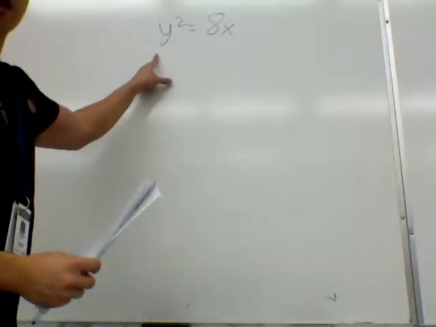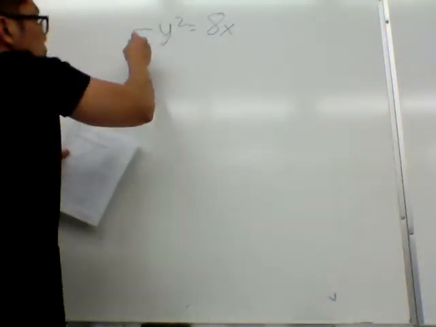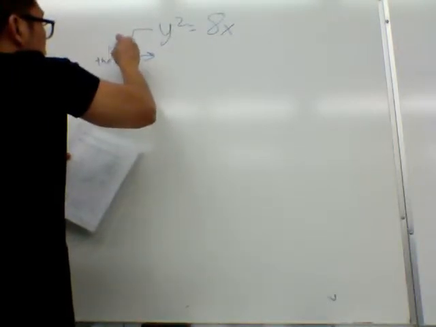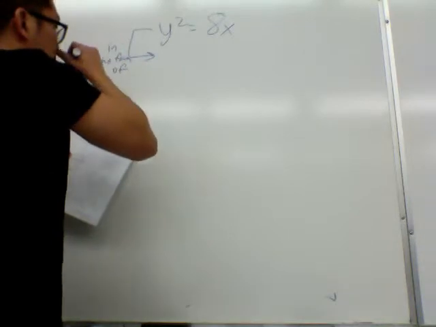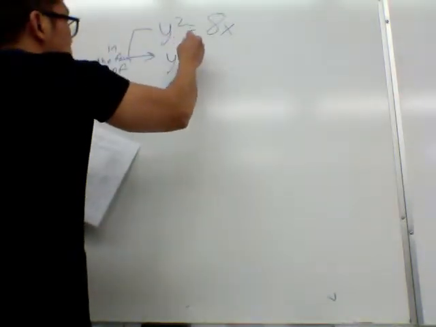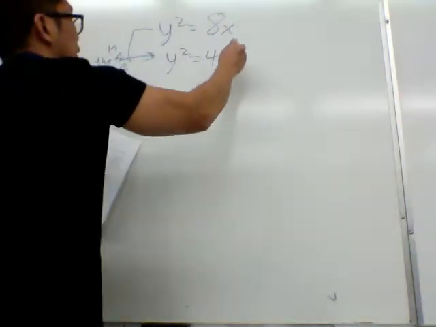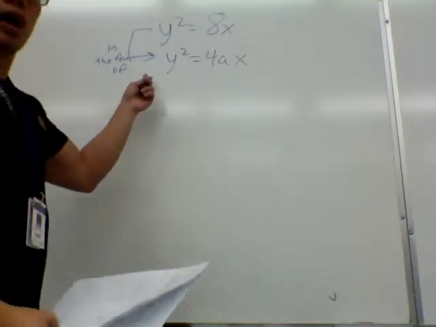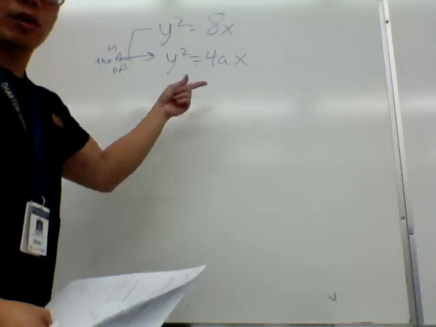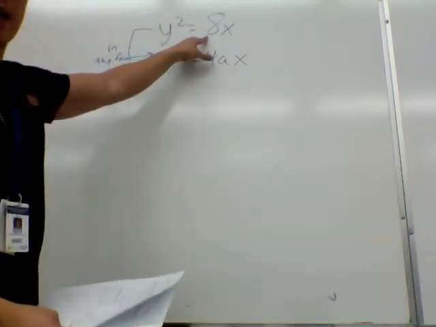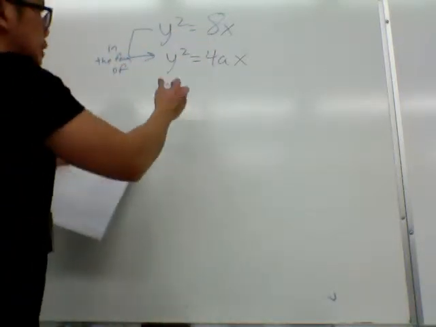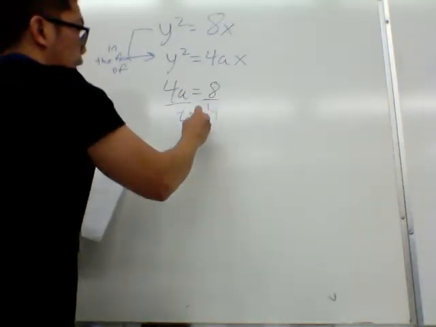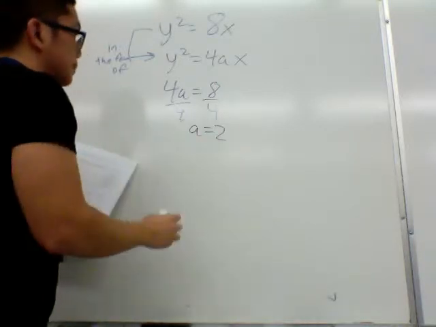I know this equation is in the form of y squared is equal to 4ax. Right? Now, what is a though? Well, if there's an 8 here and I have 4a, all I do is 4a is equal to 8, and I get a is equal to 2.